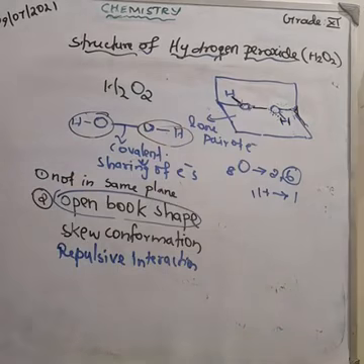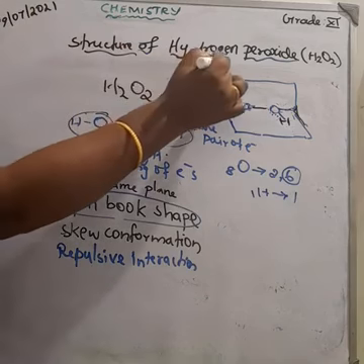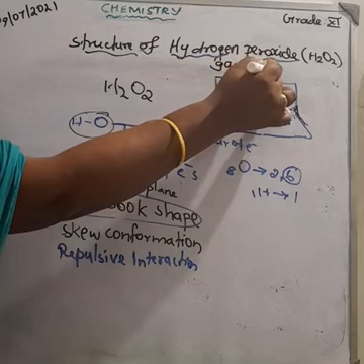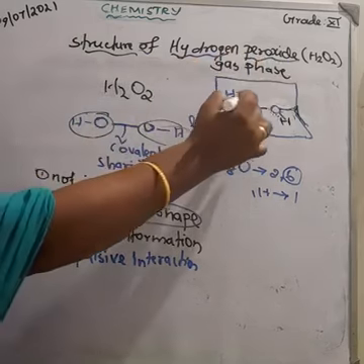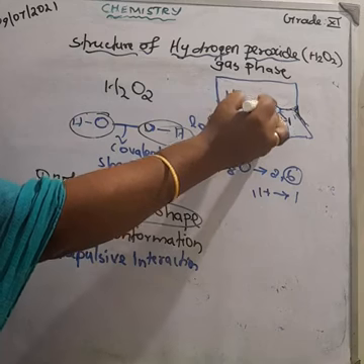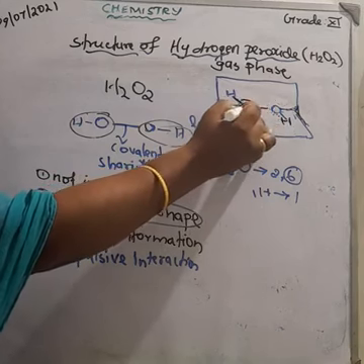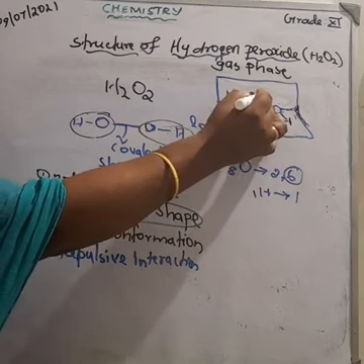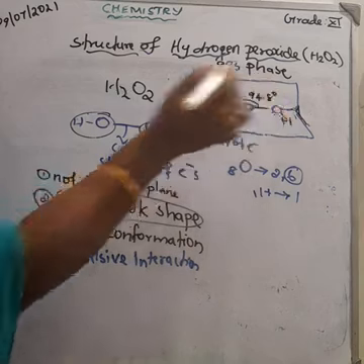This is the structure of hydrogen peroxide in gas phase or liquid phase. The hydrogen-oxygen bond angle here is 94.8 degrees.